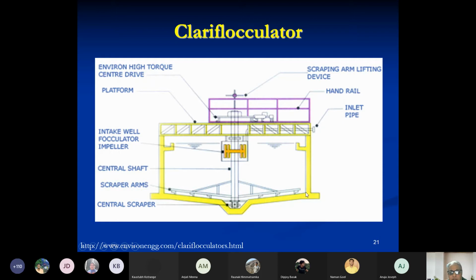So this scraper arm has a bunch of scrapers. You can see 3 shown in this schematic. They are all at an angle, and you can see that the floor of the tank is also angled to the center, and the hopper is in the center.